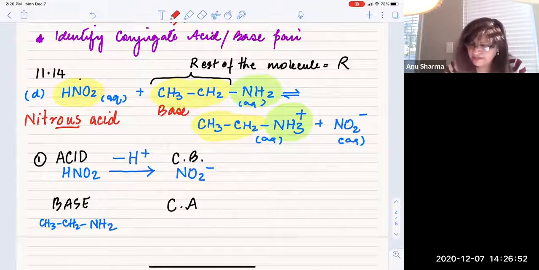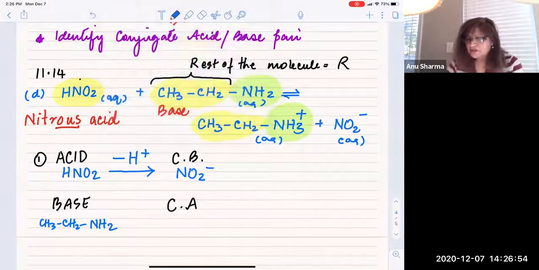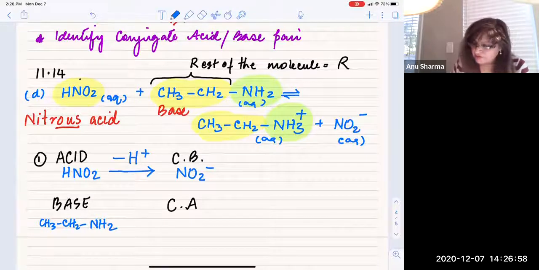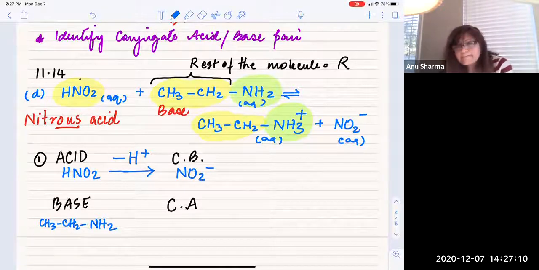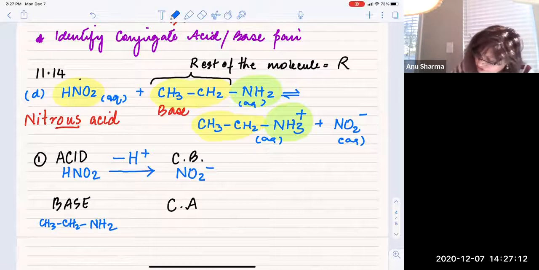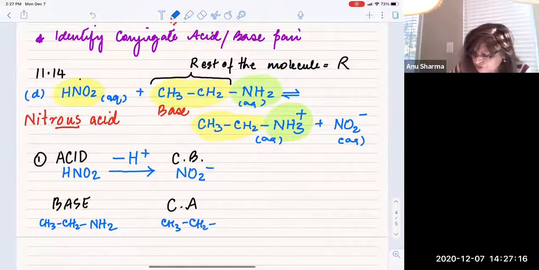Then what is the conjugate acid of this molecule? What is the conjugate acid? Conjugate acid. So in an acid, there's always going to be more hydrogens, first of all. So look on the other side, the NH3 plus, very good. So this is CH3CH2, and it's sufficient to say R, but this is NH3 plus.